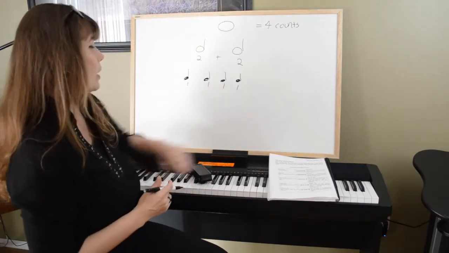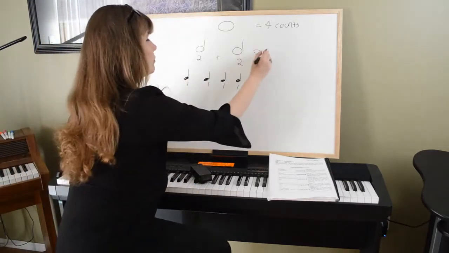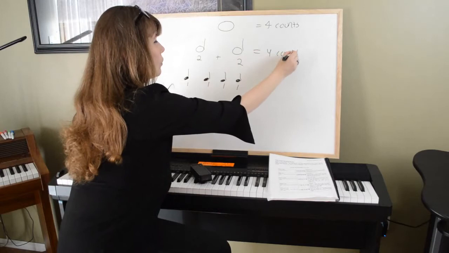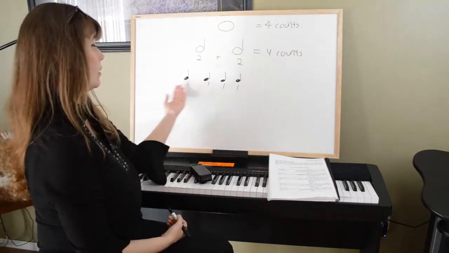So each of these will be 1 count each, and in order for them to equal 4 counts or be relative to a whole note, I need 4 of them.